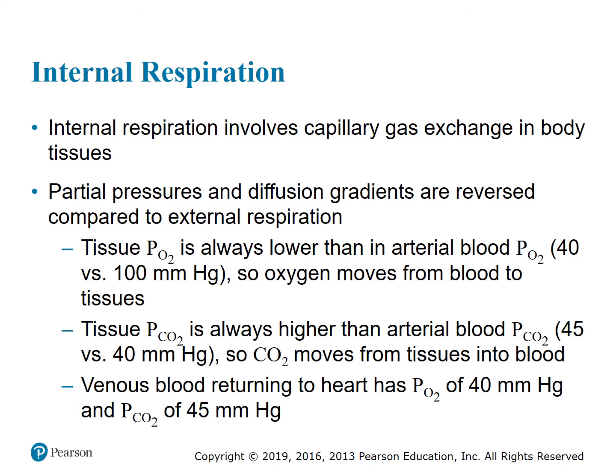So oxygen moves from blood to tissues. The tissue partial pressure of CO2 is always higher than the arterial blood partial pressure of CO2, 45 versus 40. So CO2 moves from the tissues into the blood, and the venous blood returning to the heart has a partial pressure of oxygen of 40 and a partial pressure of CO2 of 45.